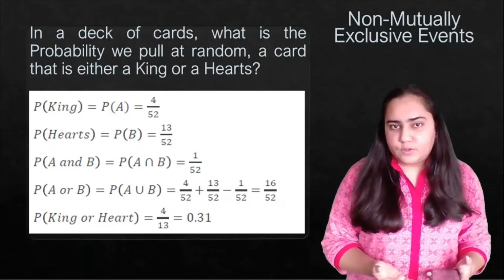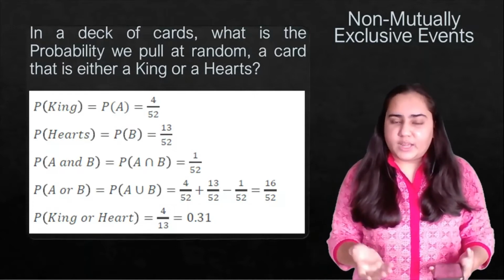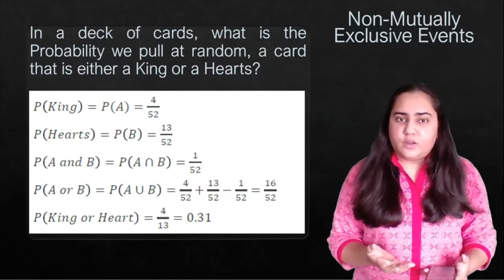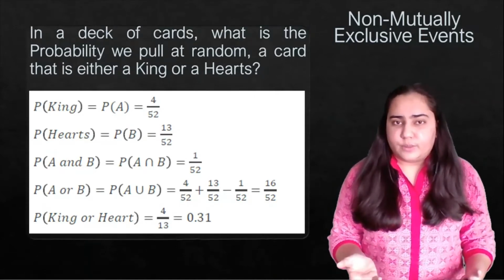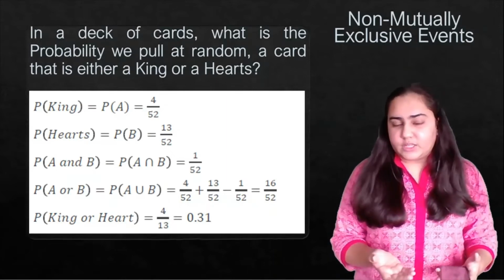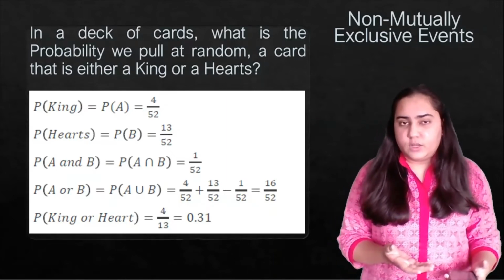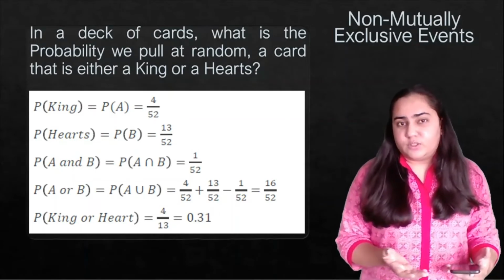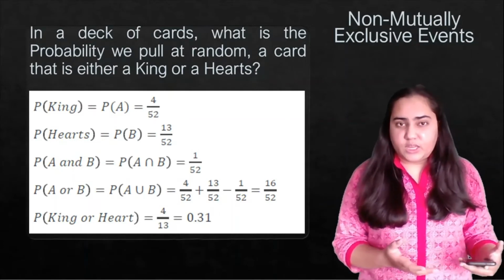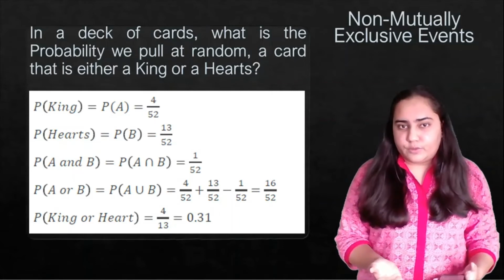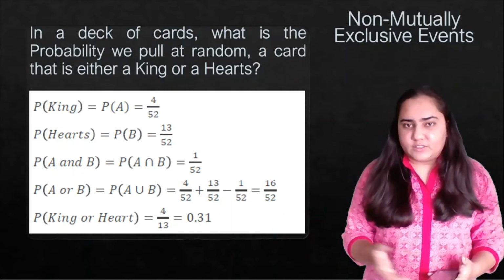That probability is 4 by 52 plus 13 by 52. We add those two, and from there we subtract the probability of both events happening together, because the question is not that the card is a king of hearts, but what's the probability that it is either a king or a hearts card, but not both. And that's why we are subtracting this from here.